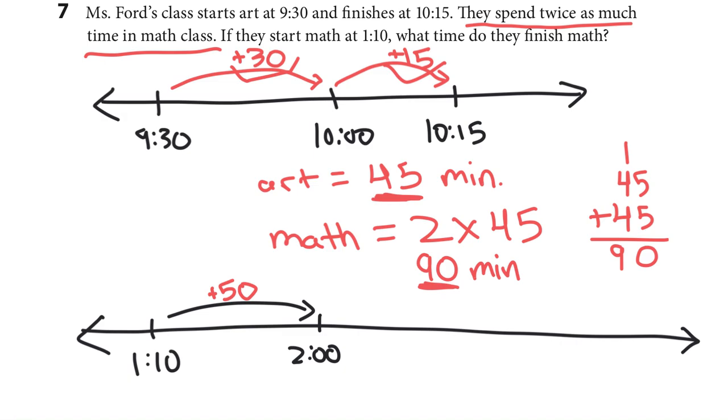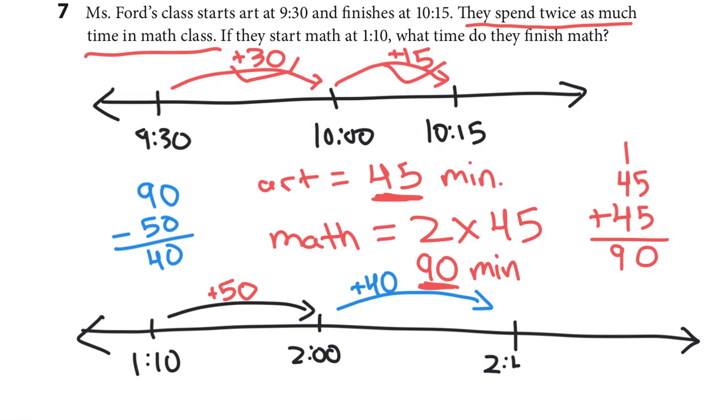Maybe I'll do it in blue over here, where I take the 90 minutes. I just used 50 of them, so let's get rid of those. I have 40 minutes left, so I need to hop to my next mark, and I have to go 40 minutes ahead. So if I want to go 40 minutes past 2 o'clock, what time is it? It is 2:40. So this is what time math class gets finished, at 2:40.